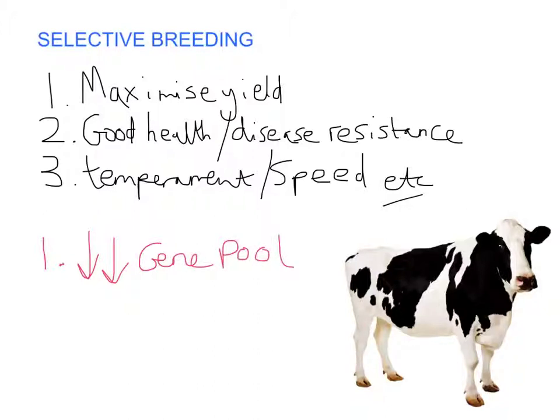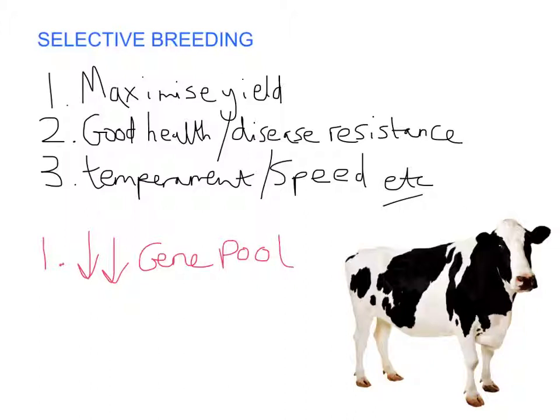The gene pool is a term we use to represent all the different alleles in a population. And in a previous video I've said alleles are just alternate versions of genes. So we're reducing that variety of genes that we have. That's because we keep breeding just the best animals which happen to be closely related. So we inbreed, we keep it within the same family. So there's far less variety out there.